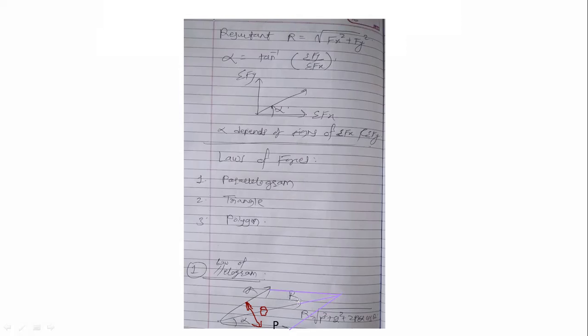And the formula for that resultant will be square root of P square plus Q square plus 2PQ cos theta. This will be the formula, and that we have to prove now, from which derivation this expression has come. We need to prove this formula. Okay, so let's move further.